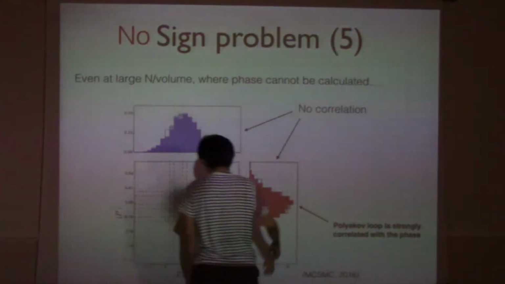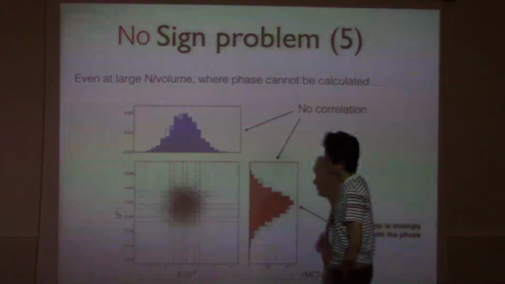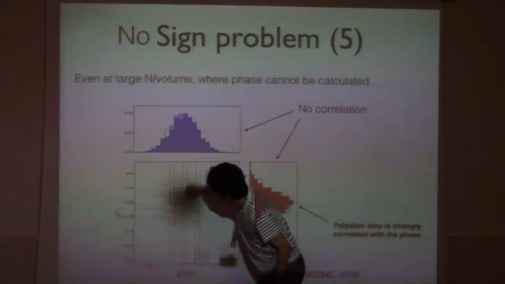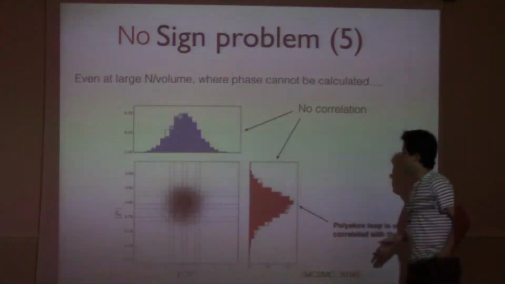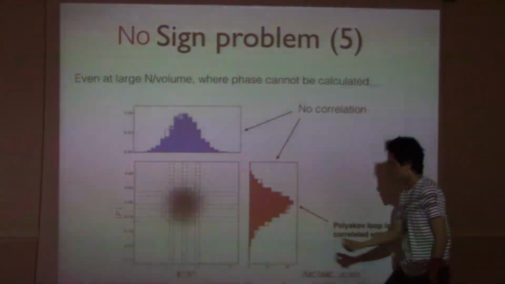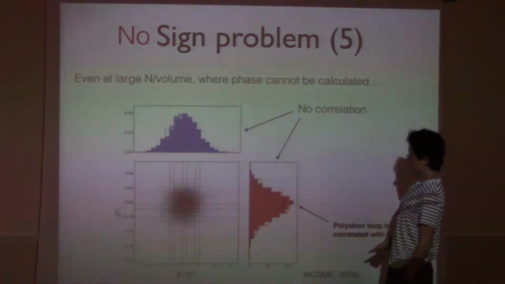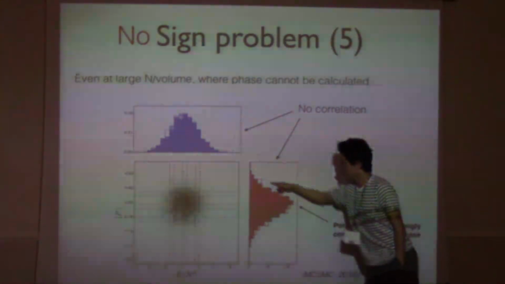For example, if we fix energy to be in this bin, or this bin, or this bin, we can make a distribution of the Polyakov loop for a fixed value of energy. Regardless of the value of energy, we see the exact same distribution.